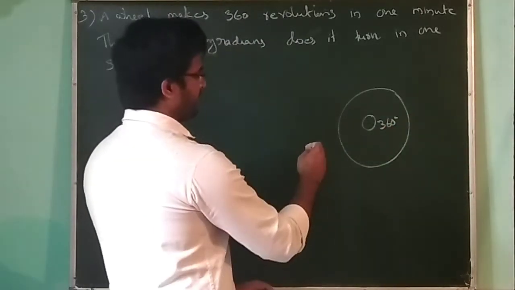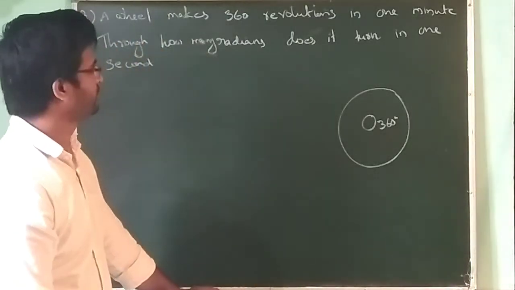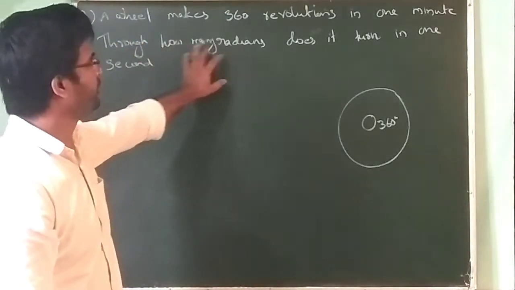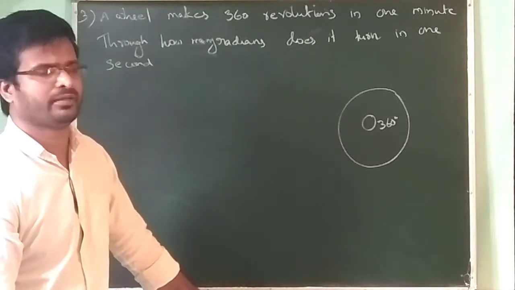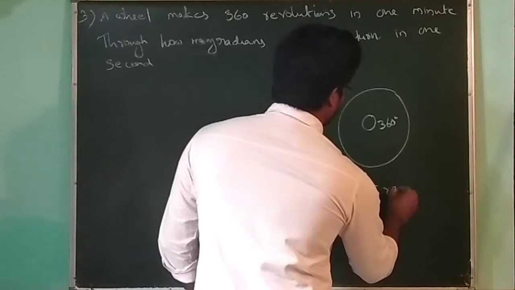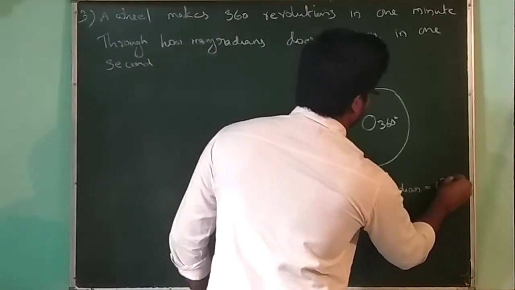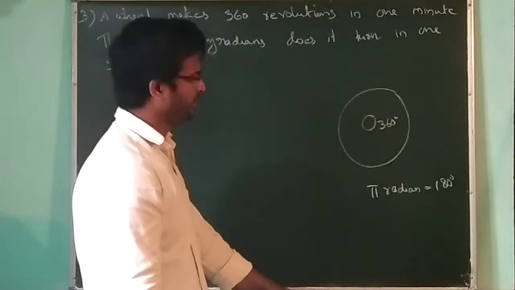Then this 360 degree we have to change to radian measure, because we need the answer in radians only. Pi radian means 180 degree, already you know, isn't it? Pi radian is 180 degree.